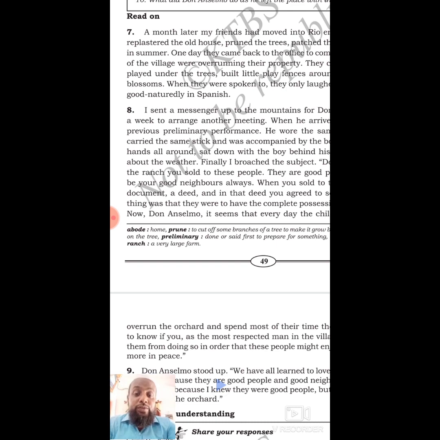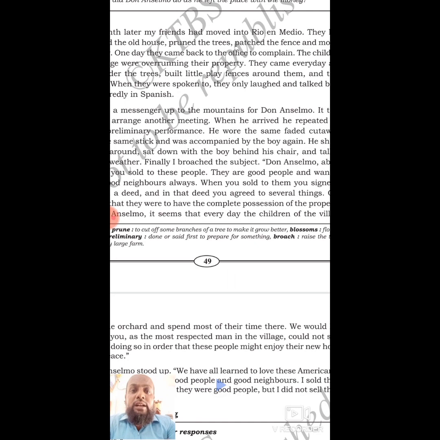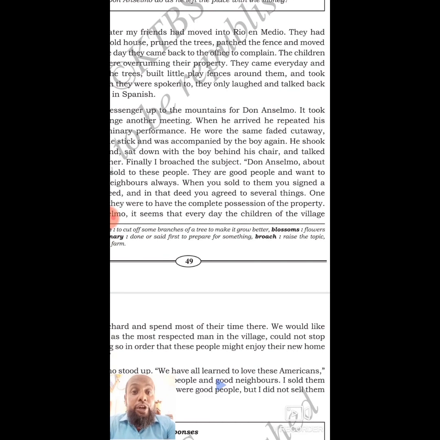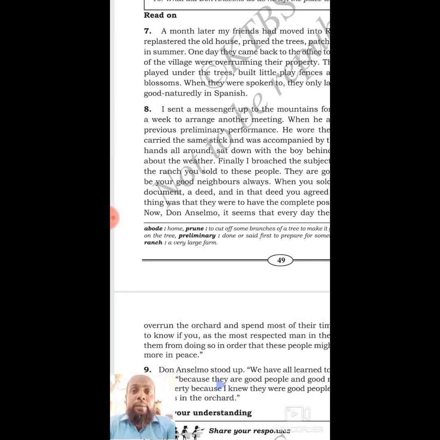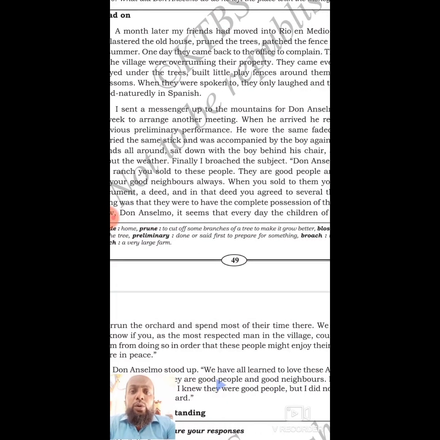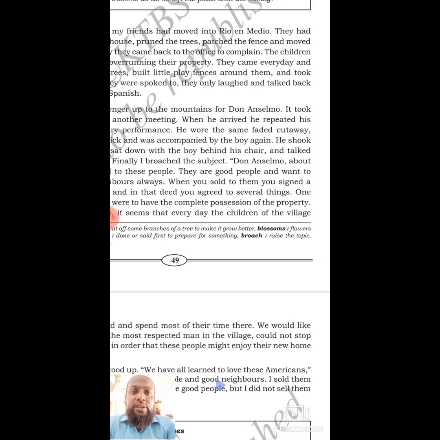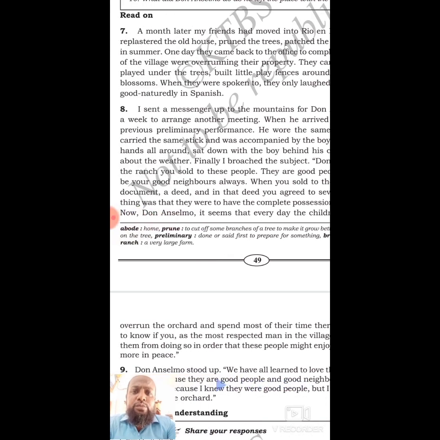No use of argument. A month later, my friends, in the sense, the author's friends, Americans, moved into the Rio Medio. They replastered the old house, pruned the trees, patched the fence, and moved in the summer.